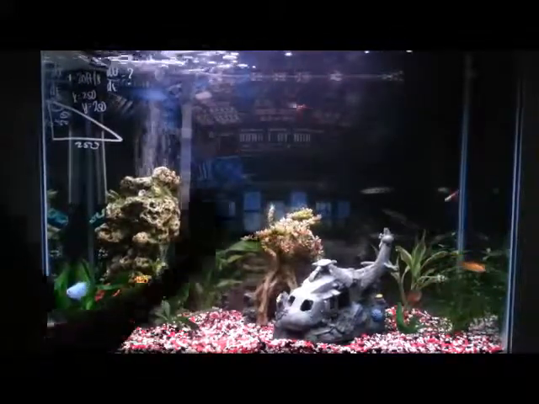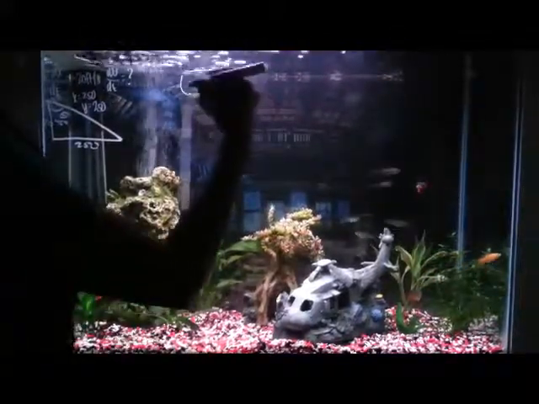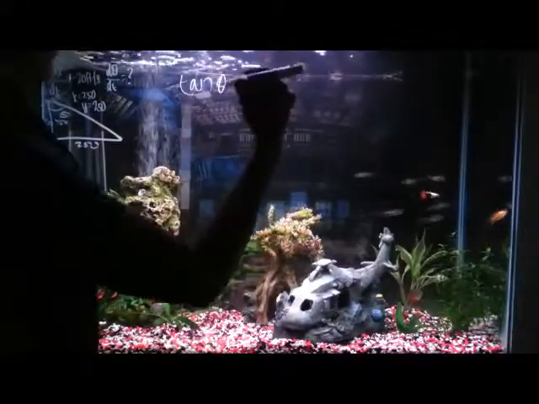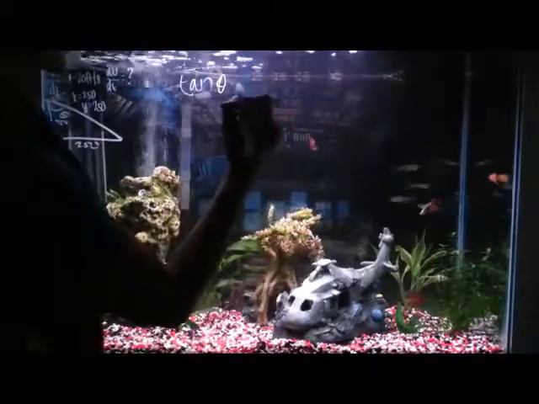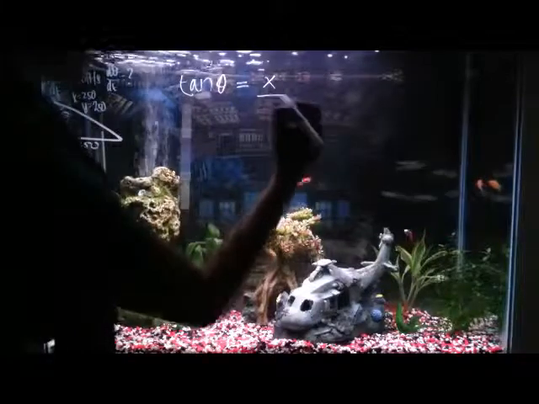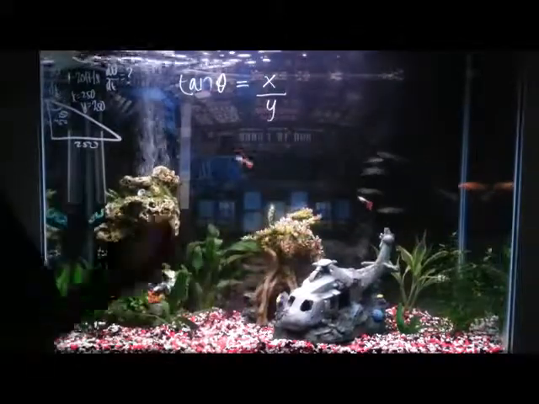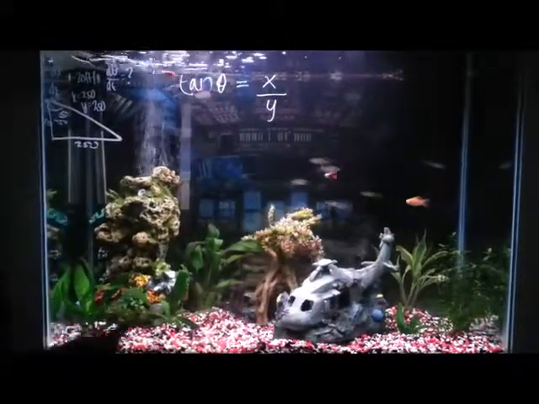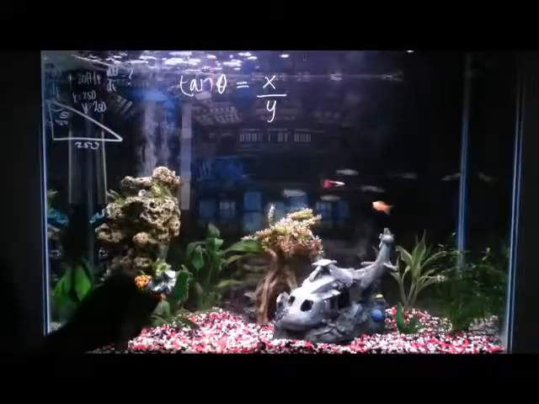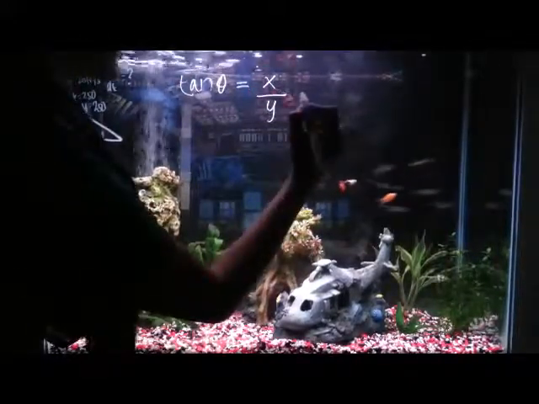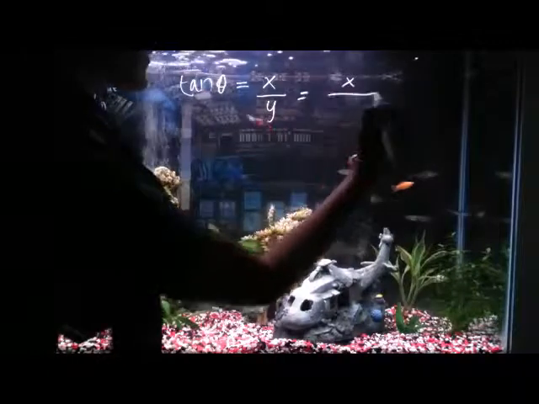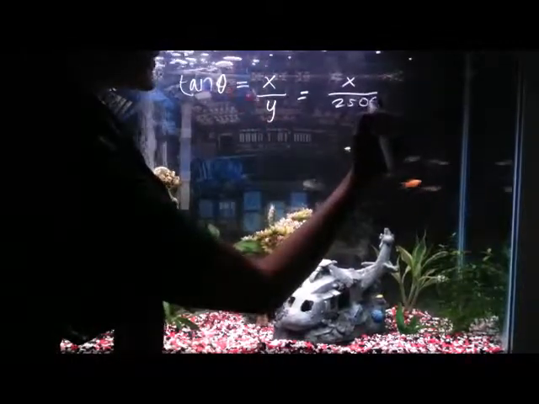derive it. So our general equation is going to be that the tangent of the angle theta is equal to x over y. And here we're given that y is equal to 250 feet because the cliff is 250 feet tall. So we can rewrite that as x over 250 feet.